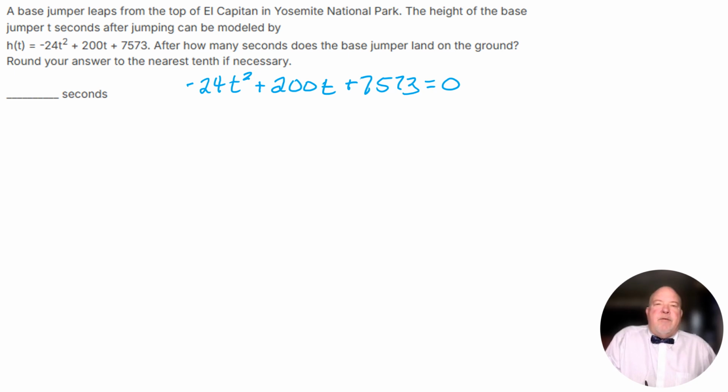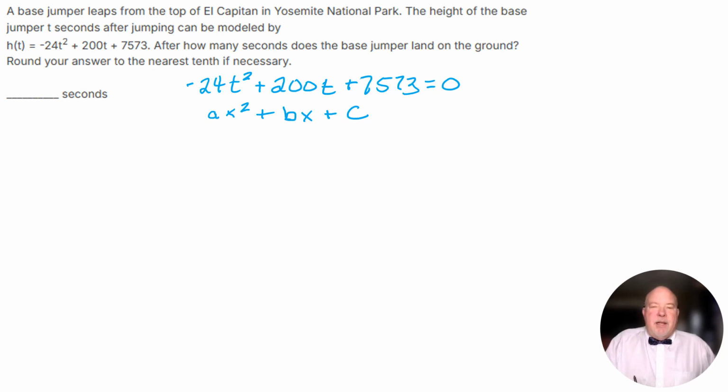The standard form of a quadratic is ax squared plus bx plus c. So the coefficient of the t squared is our a, the coefficient of t is our b, and the 7,573 is our c.